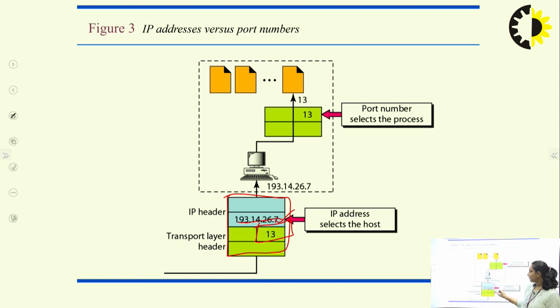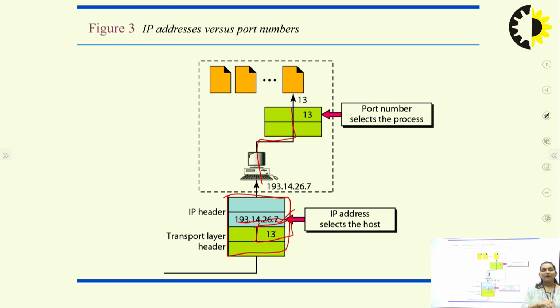That process has to deliver our letter to port number 13. So it will first see the IP address of that server, and then we will go to the process on port 13. So the IP header is accompanied by a header of the transport layer also.